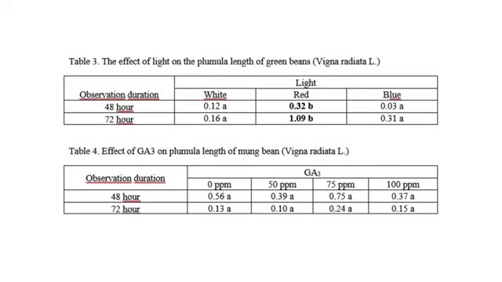Based on the observation of the effect of light and gibberellin on radicle length, after 12 hours of observation there was a significant difference, with the best treatment being the combination of red light and 75 ppm gibberellin compared to other treatments and the control.